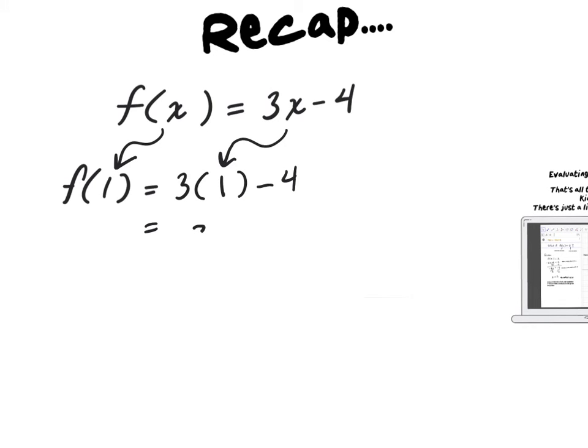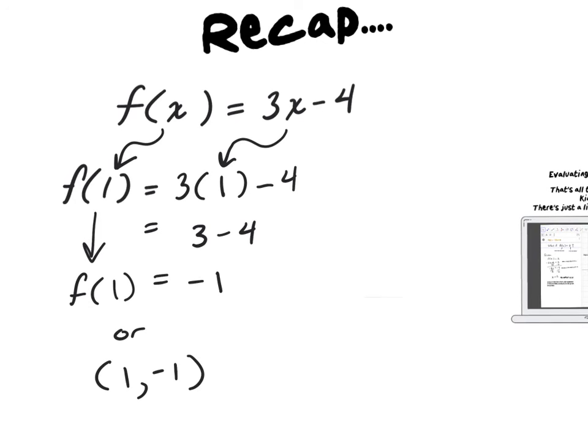So by following the order of operations, I get 3 minus 4, which is -1. Now I know my function at 1 is equal to -1. And as a coordinate, 1, -1. Plugging in is all you have to do to find an output.